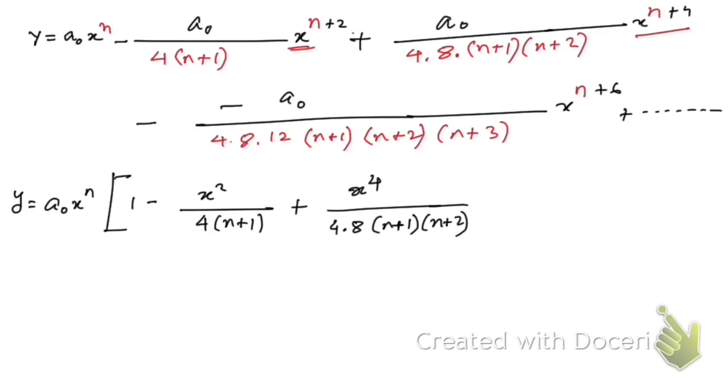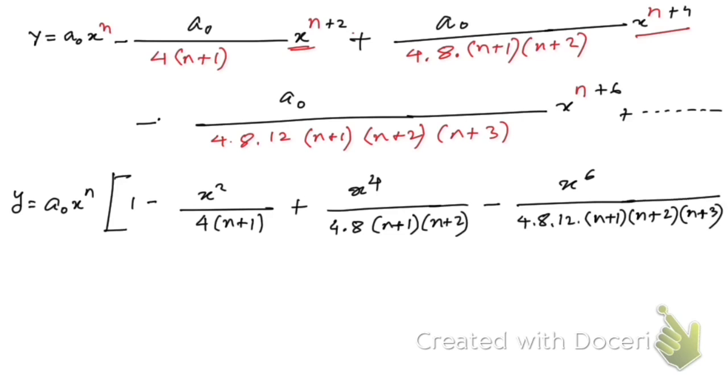Then minus, sorry, it's supposed to be minus x to the power 6, 4 into 8 into 12 into n plus 1 into n plus 2 into n plus 3, plus dot dot dot, and so on. That's how we can write.